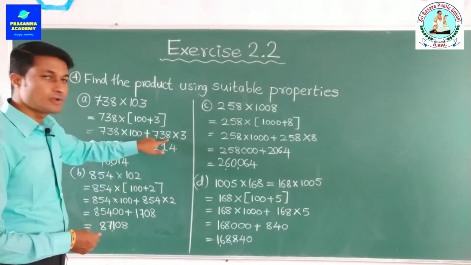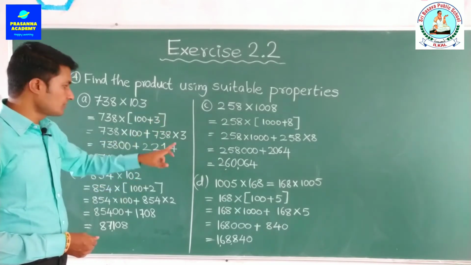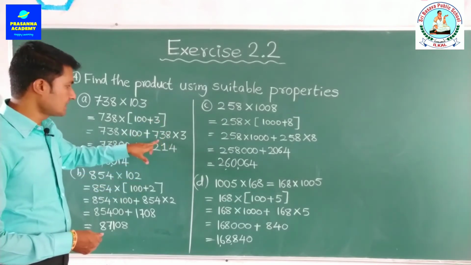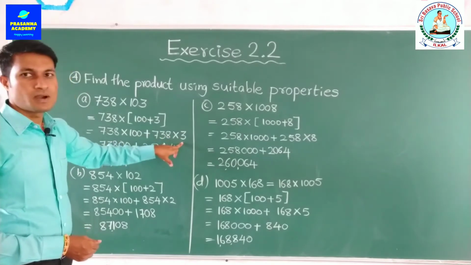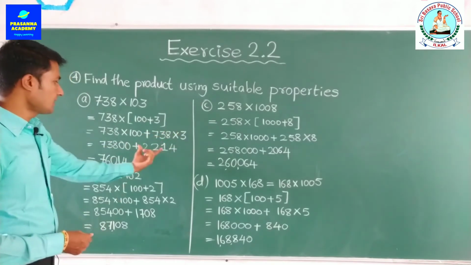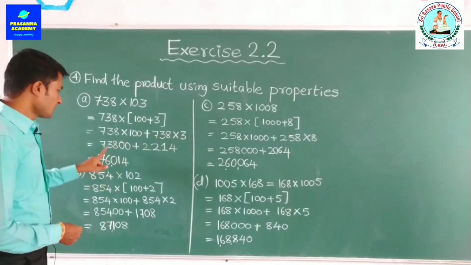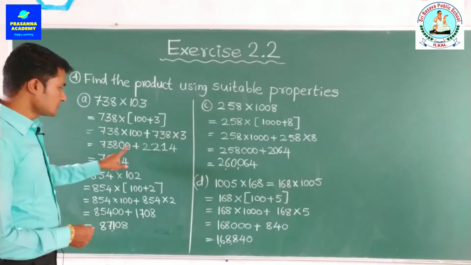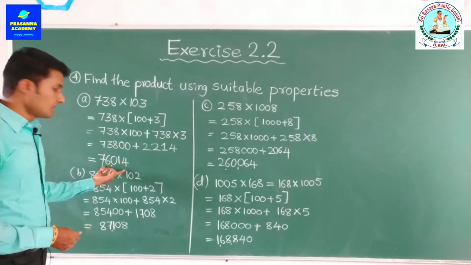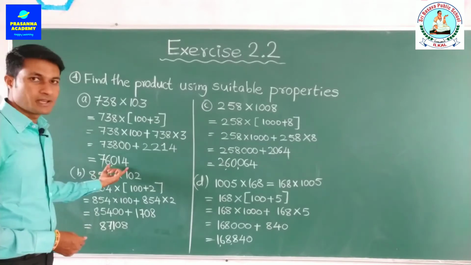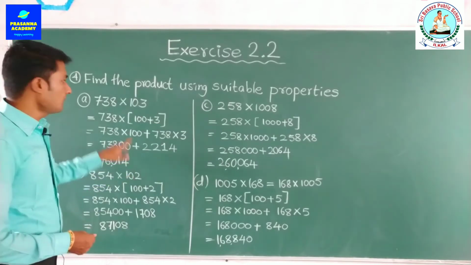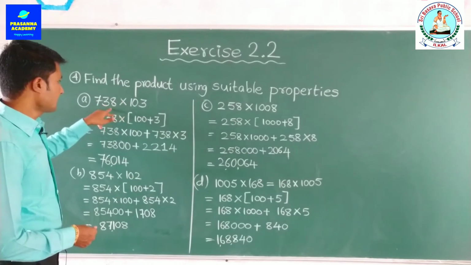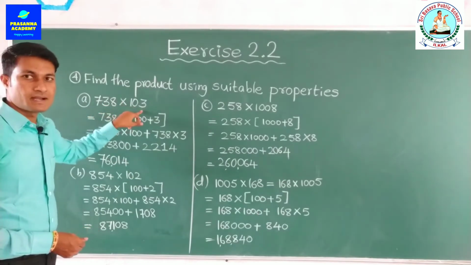I am not going to multiply this in detail, it is just like multiplication of a 3 digit number by 1 digit. Then finally when you add these two products, your sum will be 76,014. So this is the product of 738 times 103.